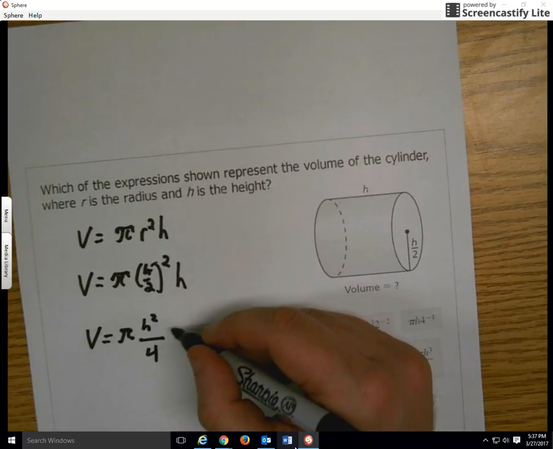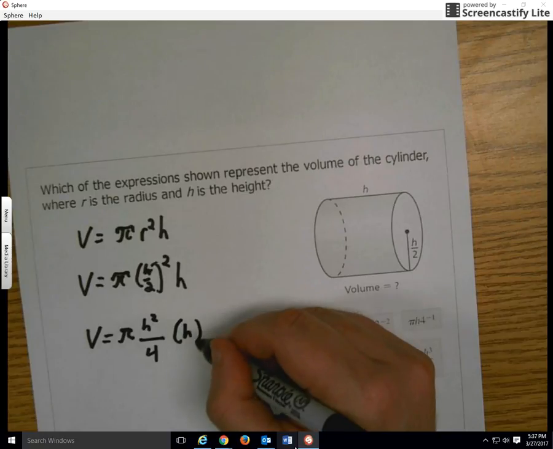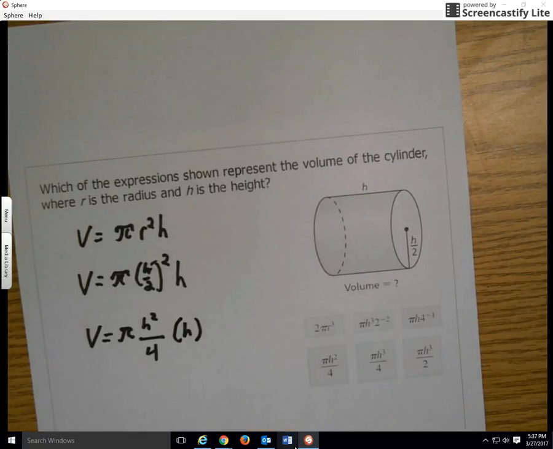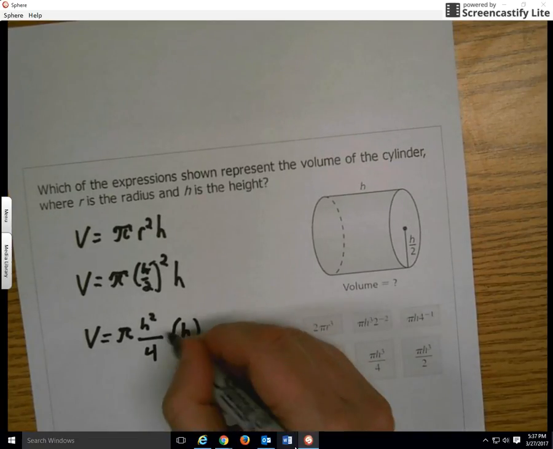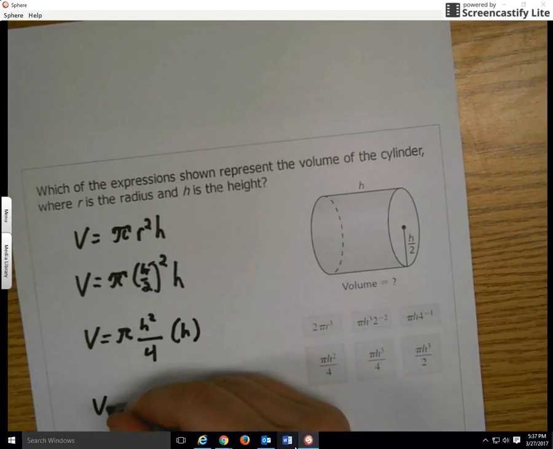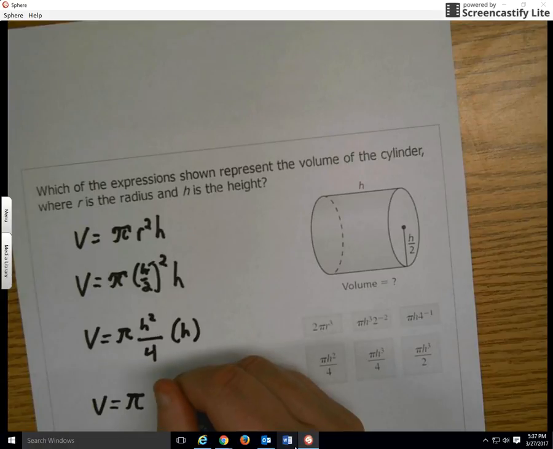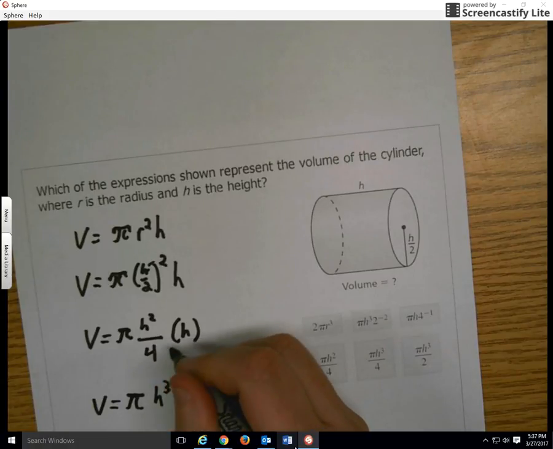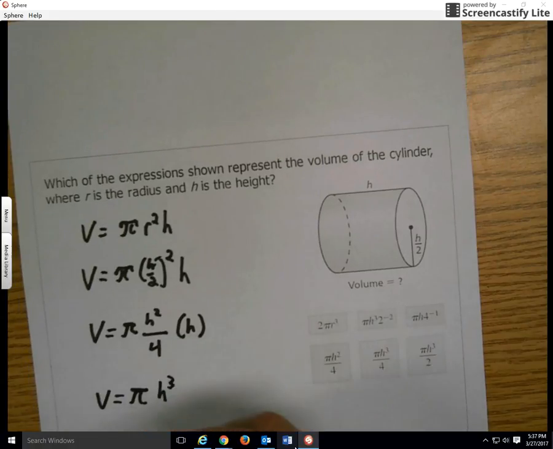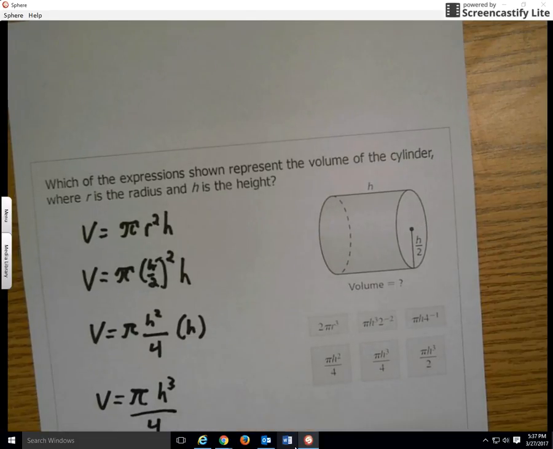And then just bring down the h times h. Okay, and then h times h squared would be h cubed. And then that would still be over 4. So there we have it. We were able to simplify it and get an answer.